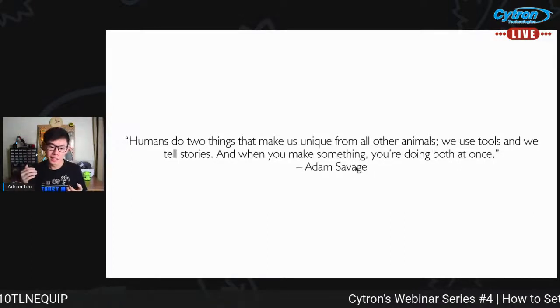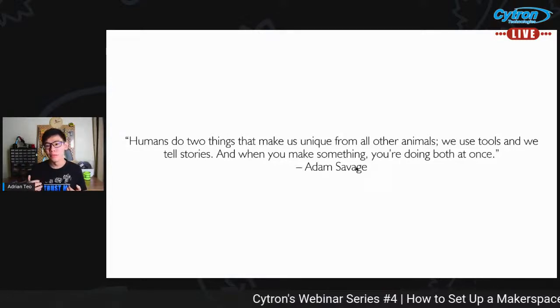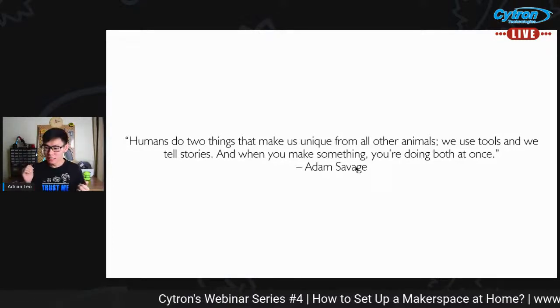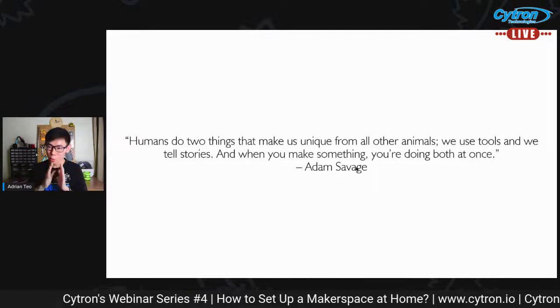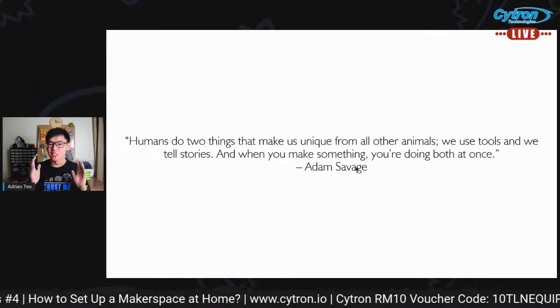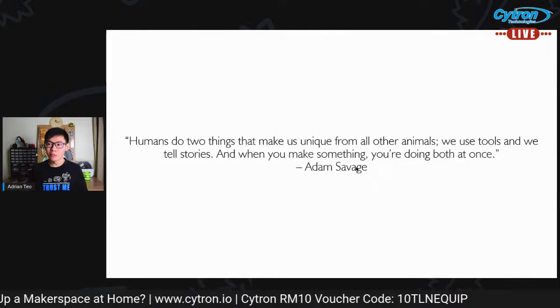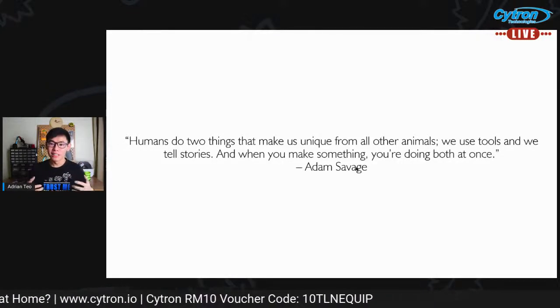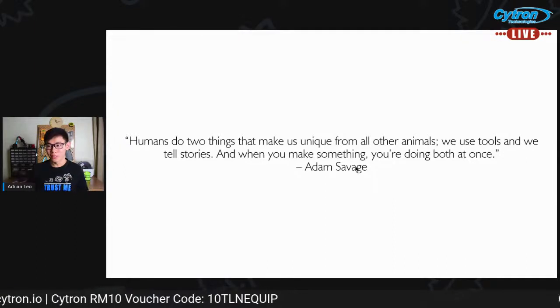So this is what makes the makers today different from the makers back then. Okay, so I hope you understand what a maker is. All right, it's nothing too complicated. It's basically you, but the makers today use technology to build stuff.